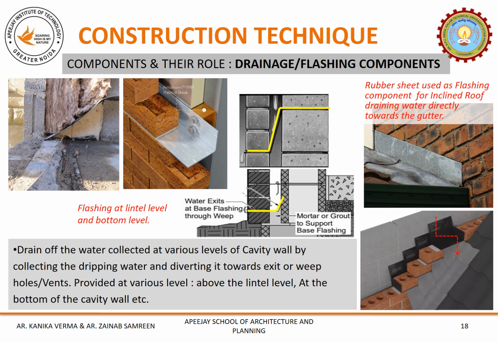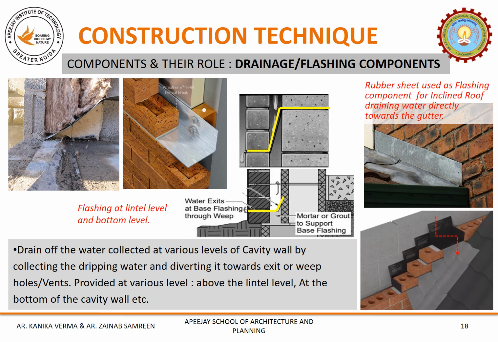For this purpose, a metal sheet or rubberized thick sheet is used to divert the water. They are generally placed at various levels of walls, like right above the lintel to stop the water moving towards the window or door. They are also placed at the bottom to drain the water collected and slip it out of the cavity.